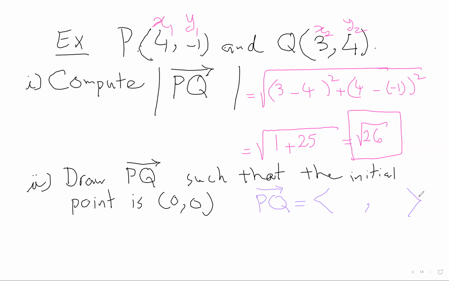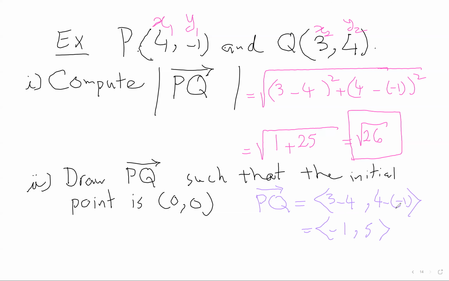As you might remember, the first coordinate was x2 minus x1, and the second coordinate was y2 minus y1. x2 minus x1 is 3 minus 4, and y2 minus y1 is 4 minus negative 1. So that vector initiating from the origin is going to be -1, 5.